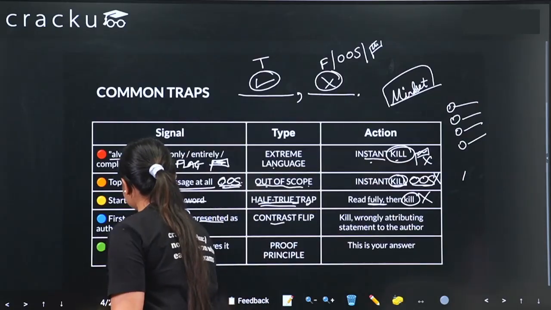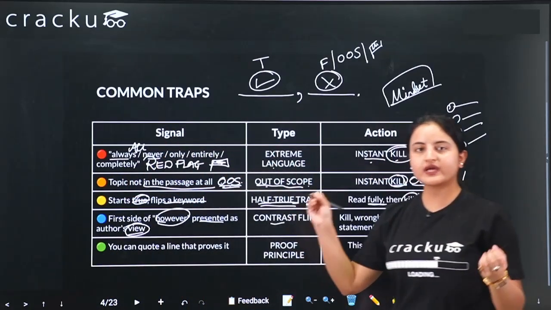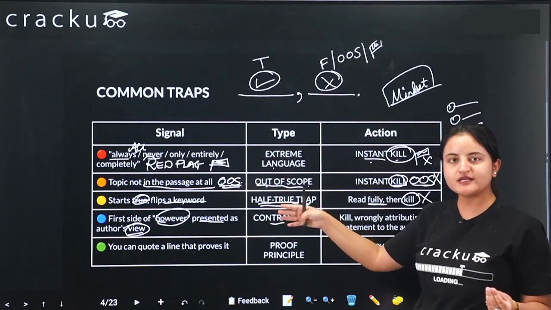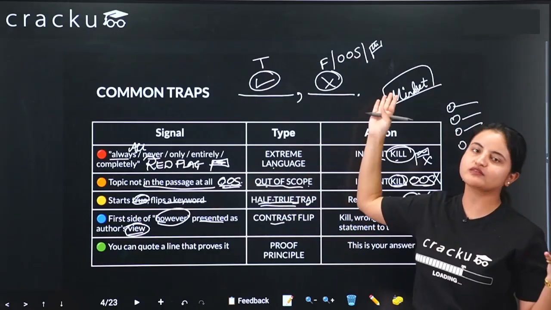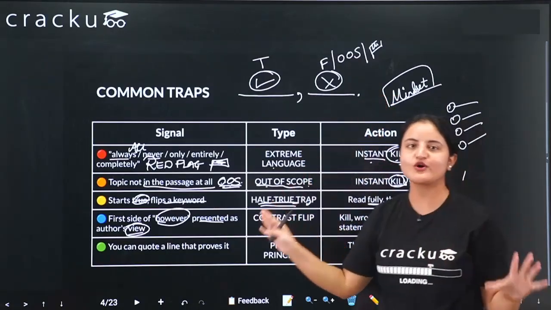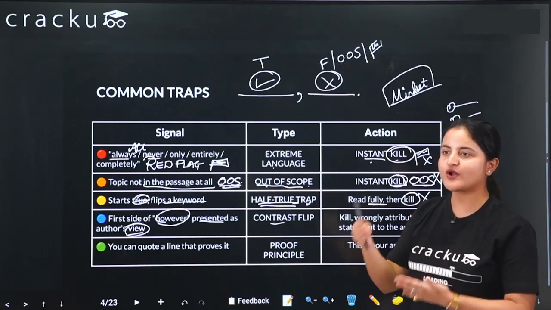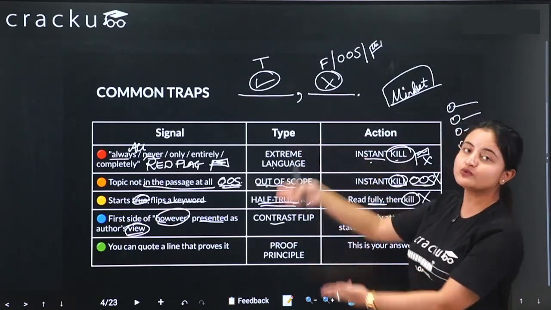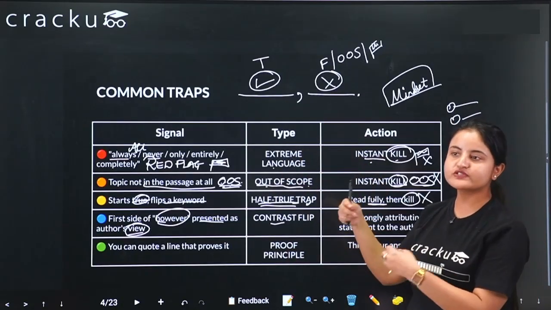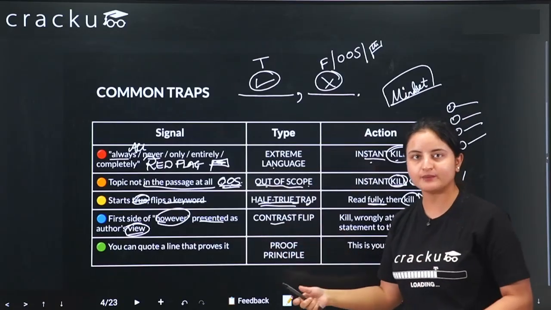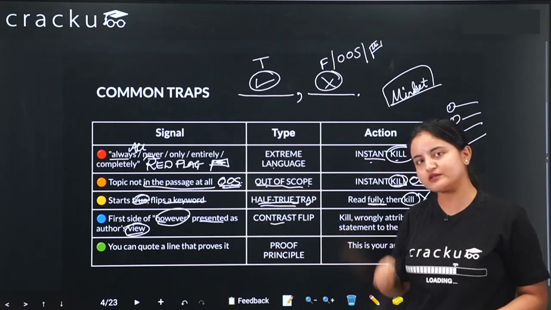The author's view is very important. So you cannot pick anything from the passage and say this is the author's view. You cannot do that, because an author does not always present his or her views in the passage. The views might come, the views will come, but everything is not the author's view.